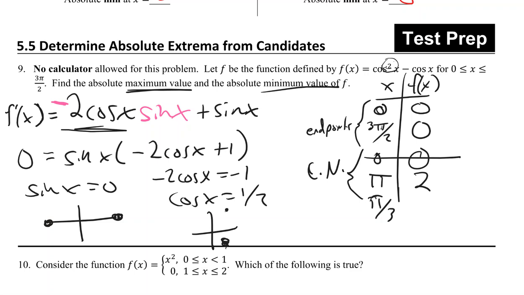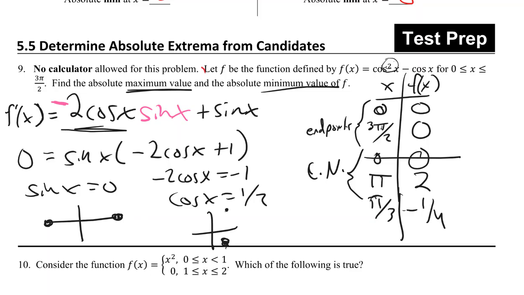And when I plug in pi over 3, I got a half squared, which is a fourth, minus a half. So a fourth minus a half is negative a fourth. Got to be extra careful with the arithmetic.